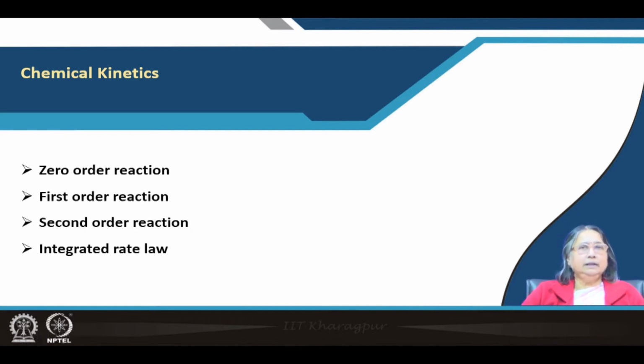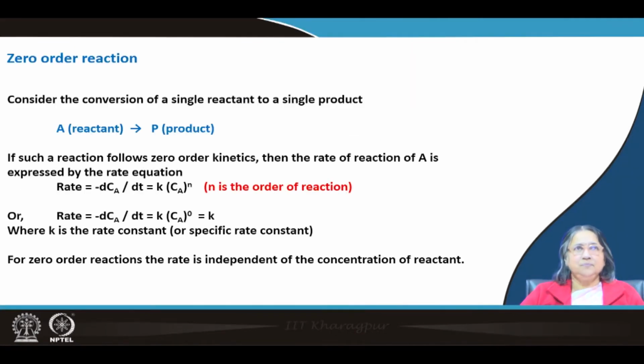I have already discussed the rate of a reaction, the order, the rate constants and the differential rate laws, and how we can apply differential rate laws to find out the order in the previous lectures. Here I will go into details about the integrated rate laws.